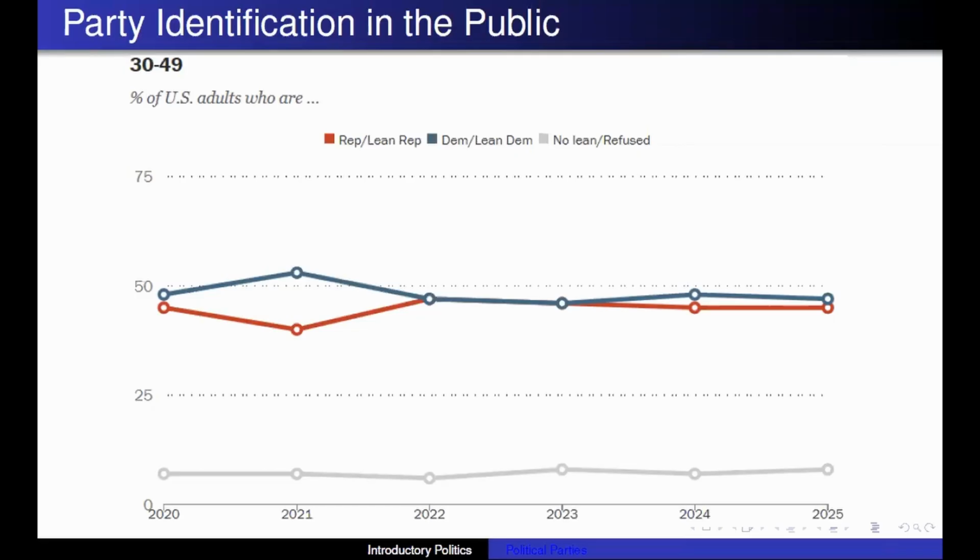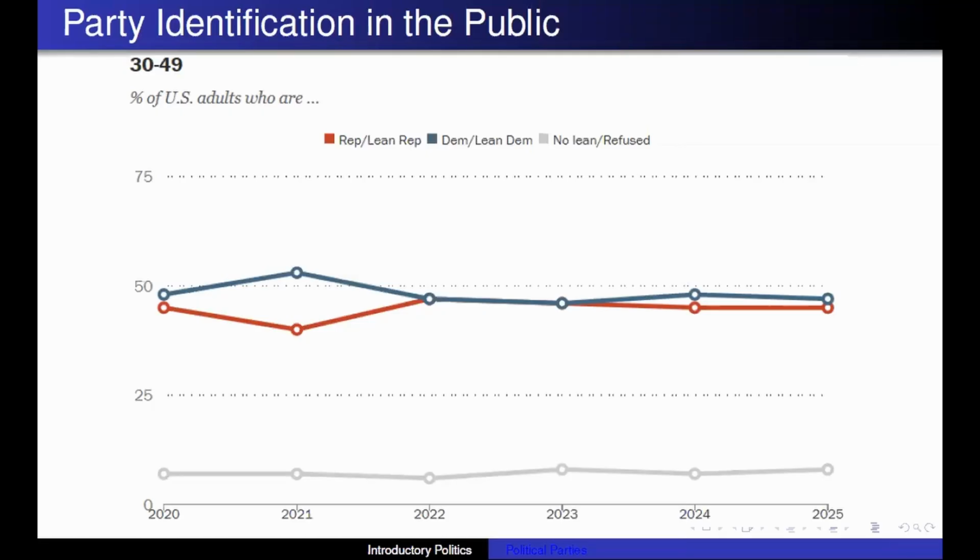If we ignore all of the independents or those that have no real affiliation to a political party, we see that it is fairly neck and neck. It's fairly 50-50, where half of adults in this age category identify as Republican and half identify as Democratic. In 2022 and 2023, based on this data, those numbers were essentially identical. So we do have a little bit of a gap, but this is basically a 50-50 split among this age demographic.